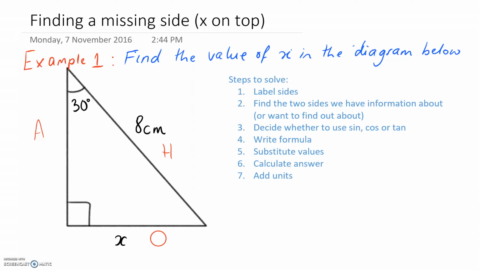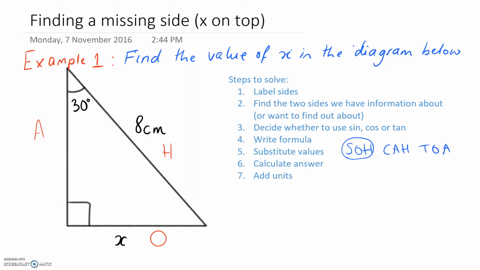So the two sides we've got information about are O and H. So when we write out our SOHCAHTOA, we need to look for which one has the O and the H in it. And it's sine, it's the first one. This one doesn't have an O and an H, this one doesn't have an O and an H as well. So we've decided which two sides we have information about. Now step 3, decide whether we're going to use sine, cos or tan, and we've done that.